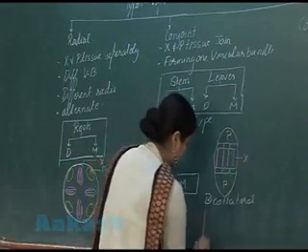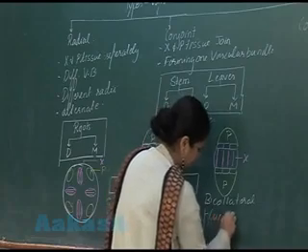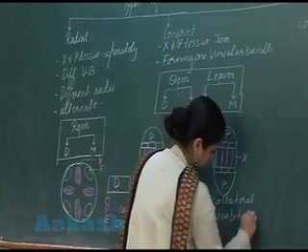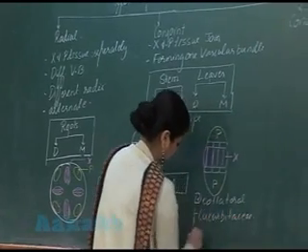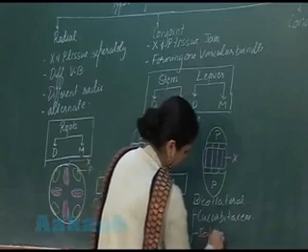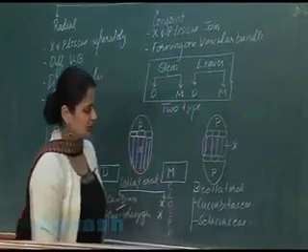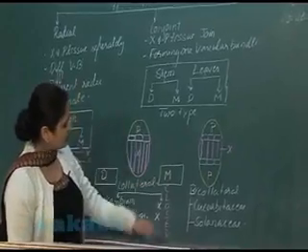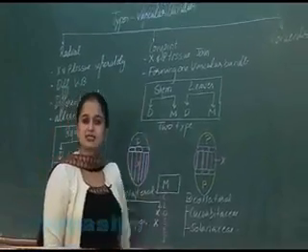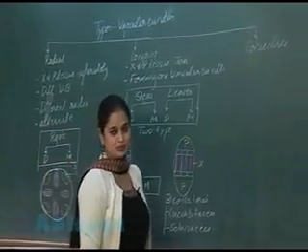So bicollateral vascular bundle is seen in Cucurbitaceae and members of Solanaceae. Right? Now after the conjoint, coming to the next category, that is concentric.